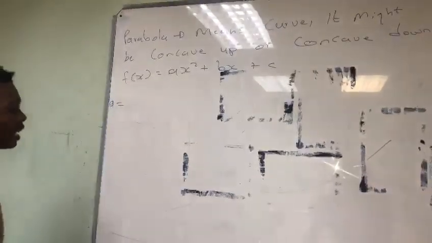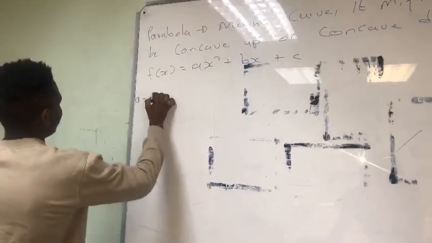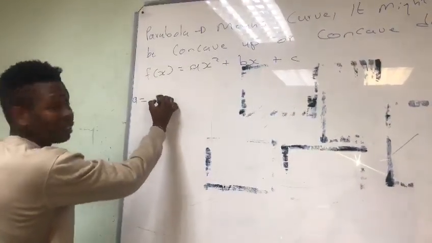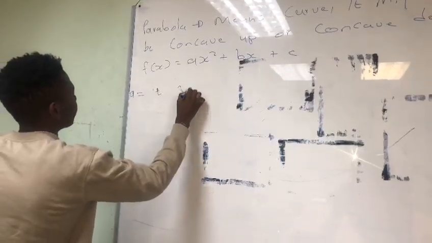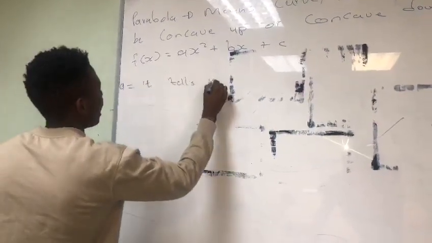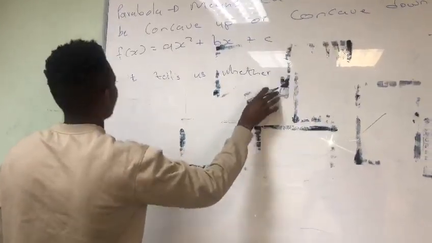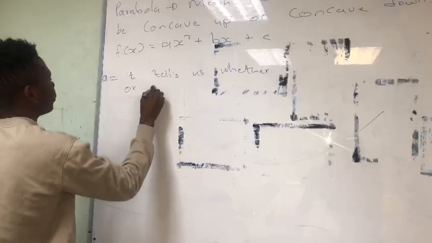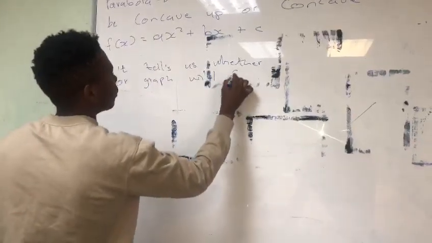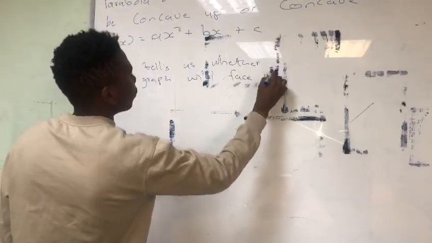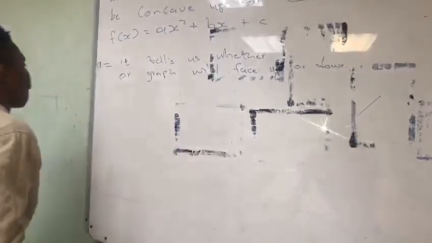Our A tells us whether our graph will face up or down, right?